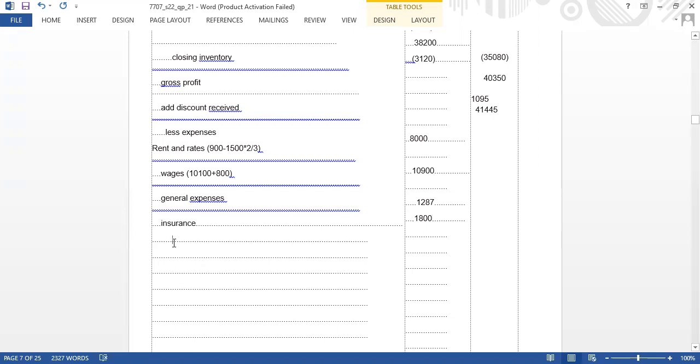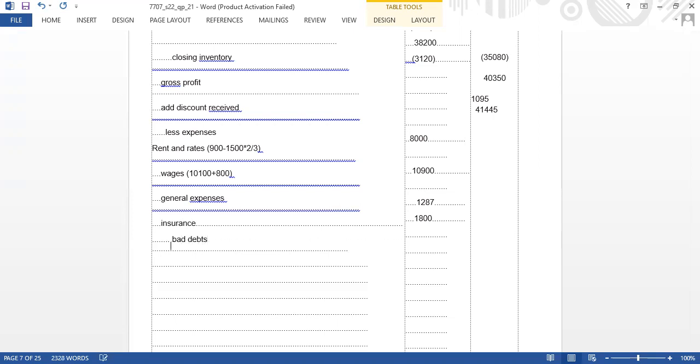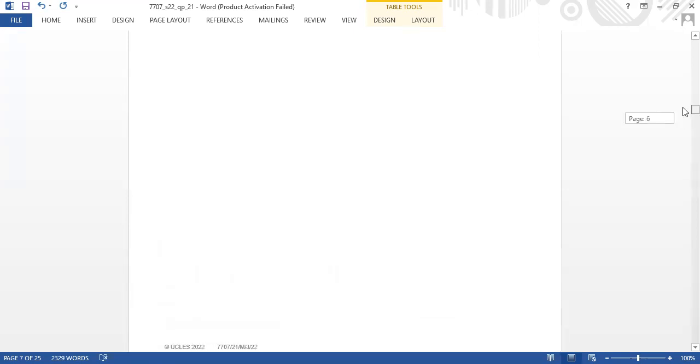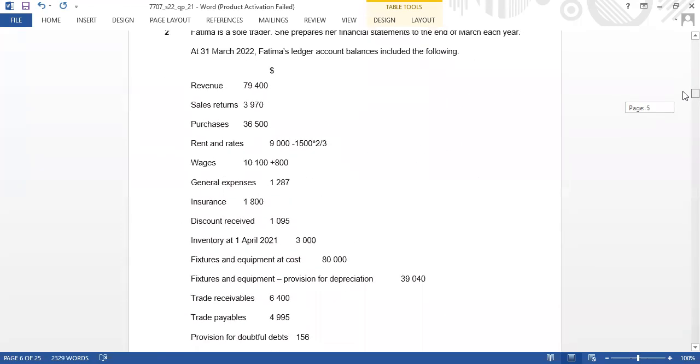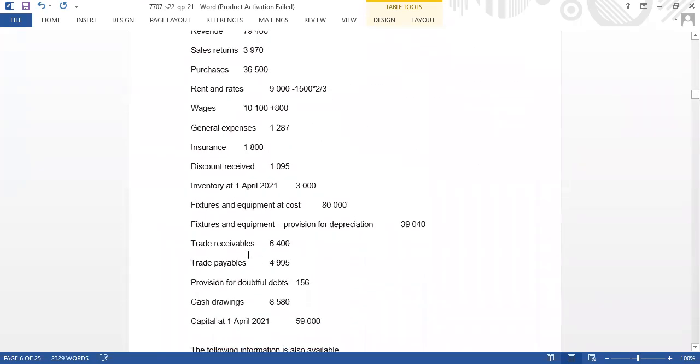Then we have bad debts of 200. Then we have provisions. Provision is to be calculated. As we have 6,400 in trade receivables, so we'll deduct the bad debts that are 200.